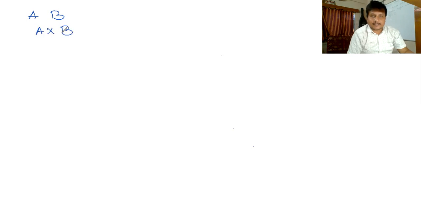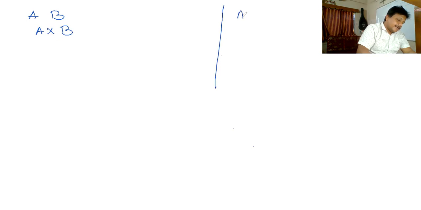So we shall learn what is relation now. Consider two sets A and B. In that case, any subset of A cross B is a relation. As for example, suppose that you take A equal to {1, 2} and B equal to {a, b}.